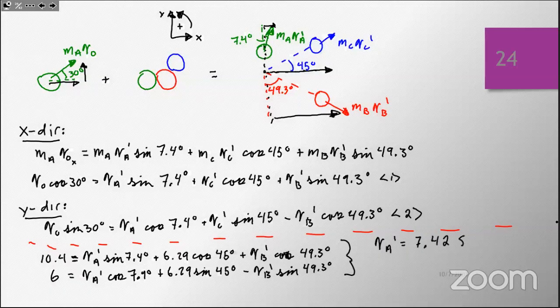7.42 feet per second and 7.66. I'll double check it right now just to make sure.